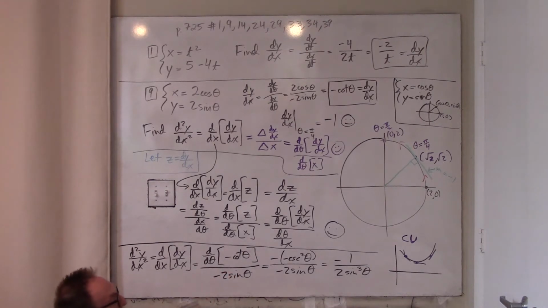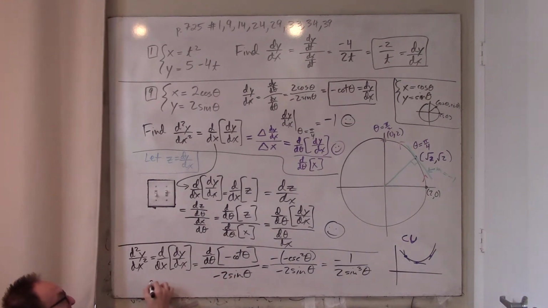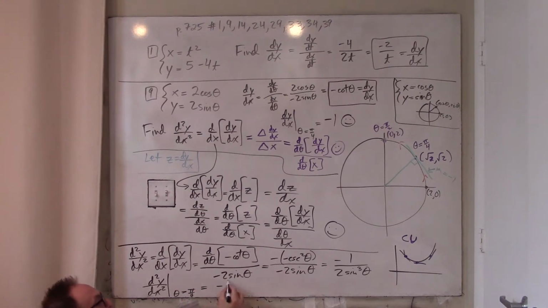Okay, and then the final thing we had to do for this problem is to specifically calculate d squared y dx squared at theta equals pi over 4. And if I do that, I end up with negative 1 over 2 times what is sine of pi over 4?